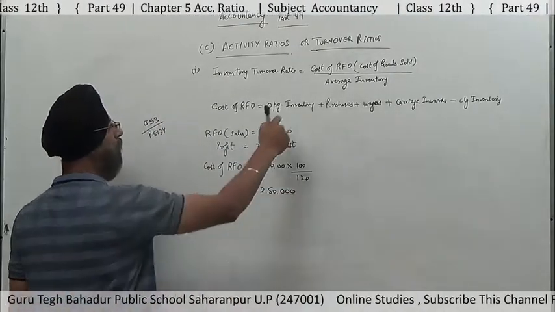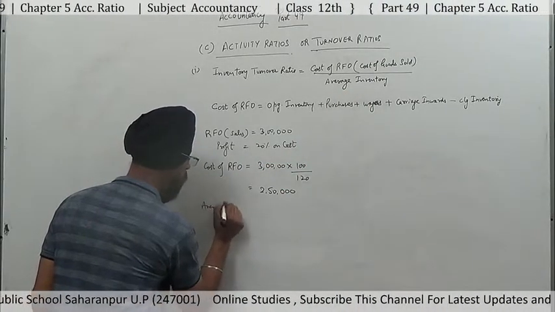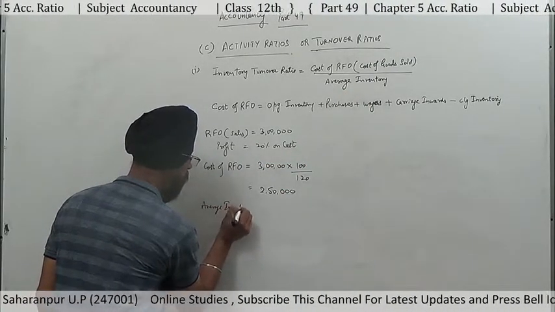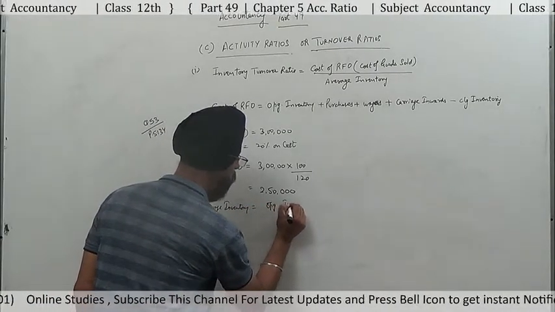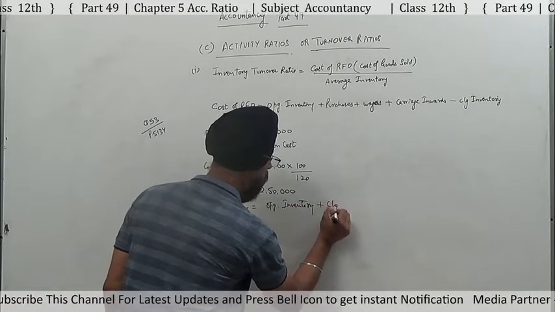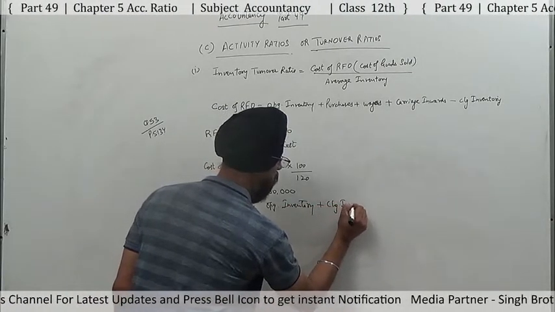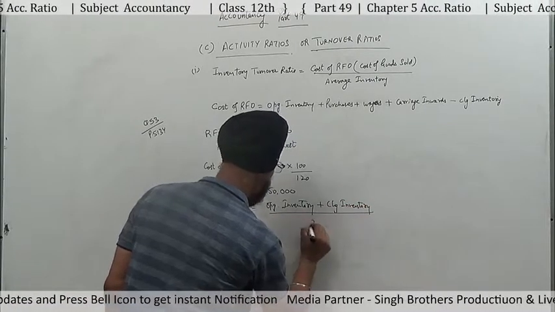Now come to the average inventory. Average inventory equals opening inventory plus closing inventory by 2.